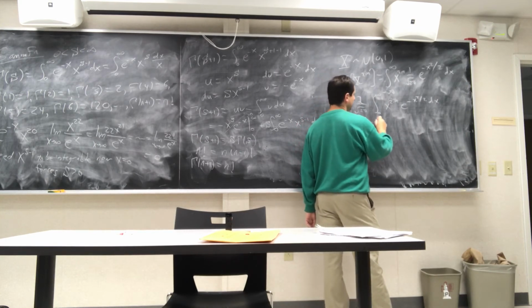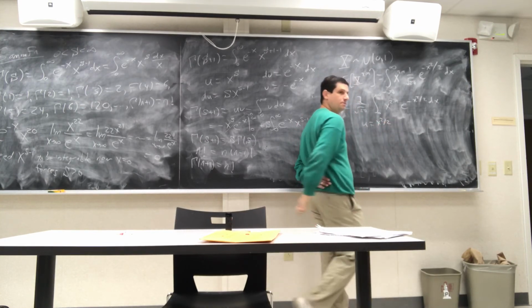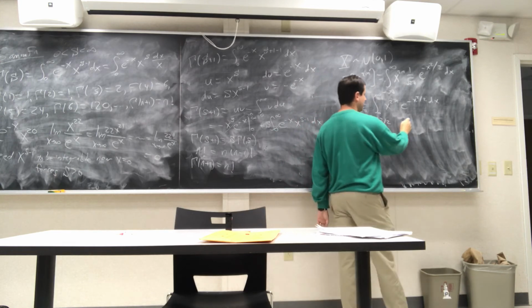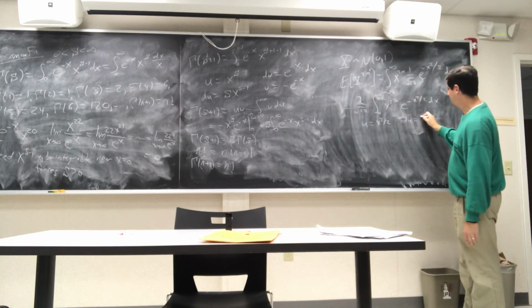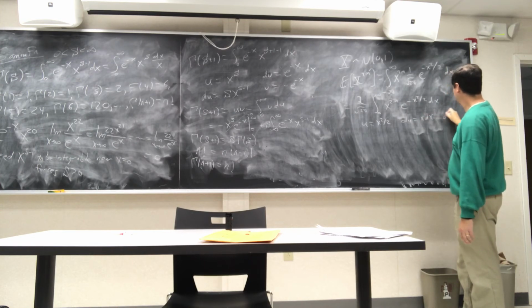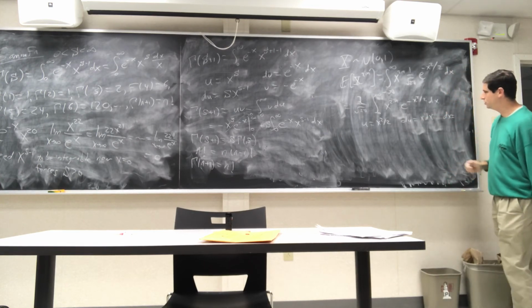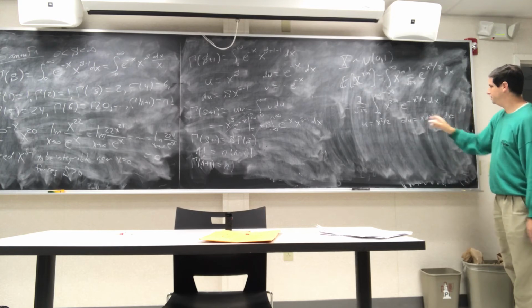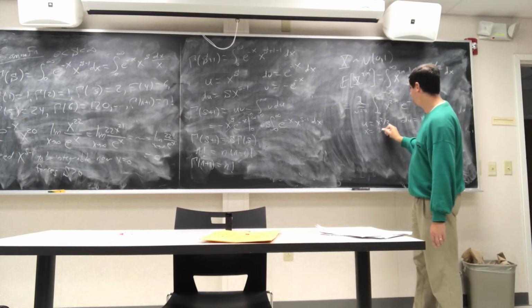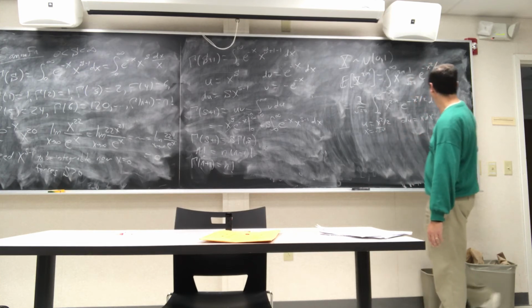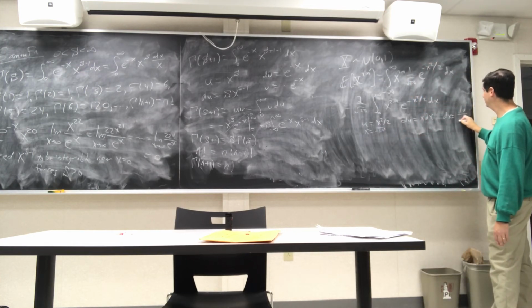Let's let u be x squared over 2. Then du is going to be x dx. So dx is going to be du divided by x. Well, x is the square root of 2u. So it'll be du over square root of 2u.